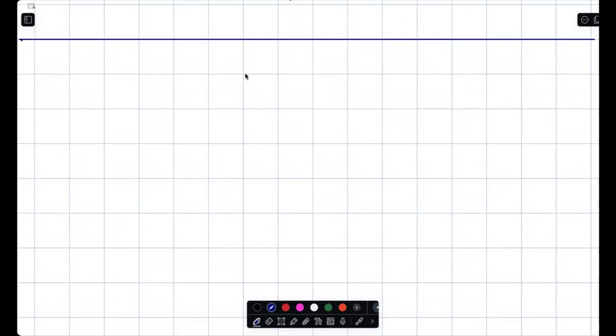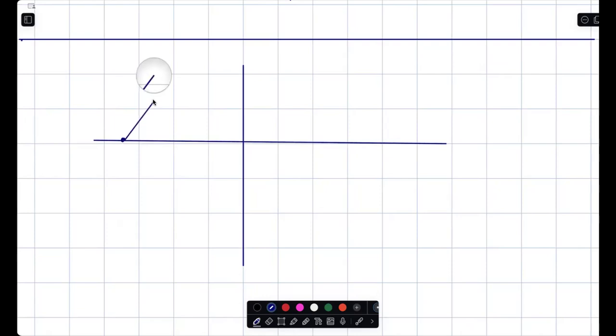It was given that an object which is traveling with a velocity 10 meter per second makes an angle 53 degrees with x-axis. Let this be origin and this is at 100 meters.